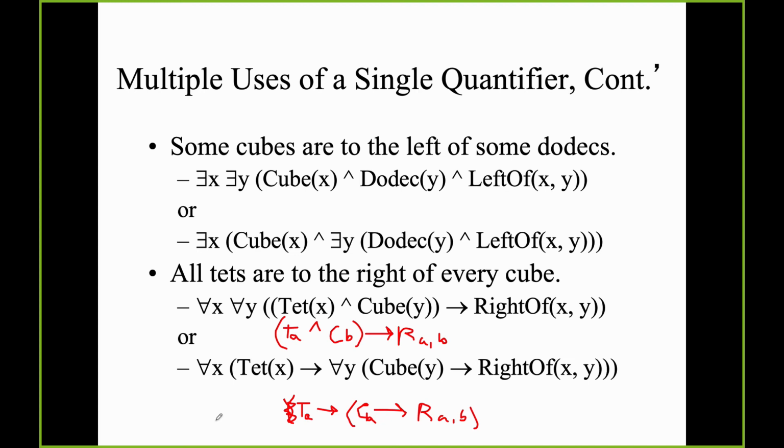Now, one question you might ask is, well, why do we move when we nest or embed that second quantifier? Why do we change the conjunction to an arrow? What do you think about that? I mean, if we didn't change the conjunction to an arrow, do you think that would change the meaning of the sentence?